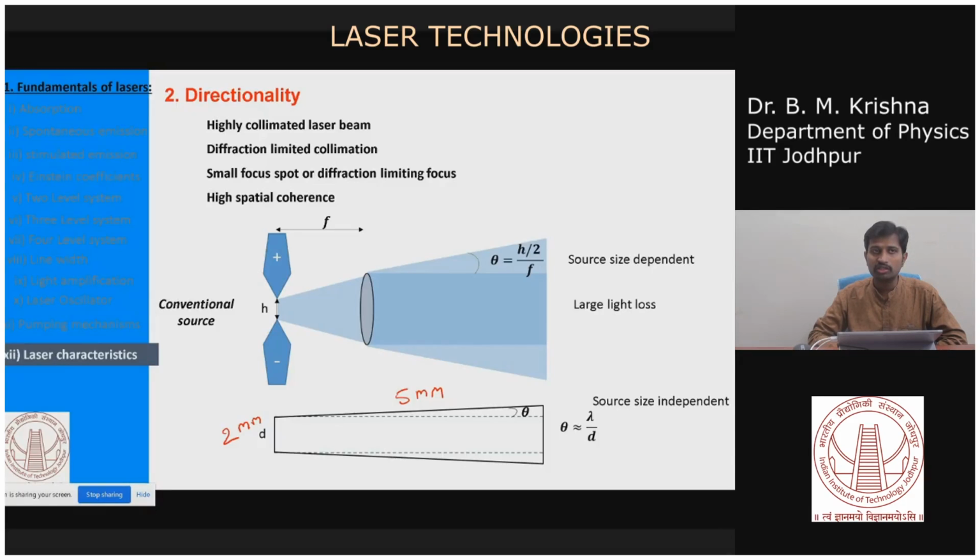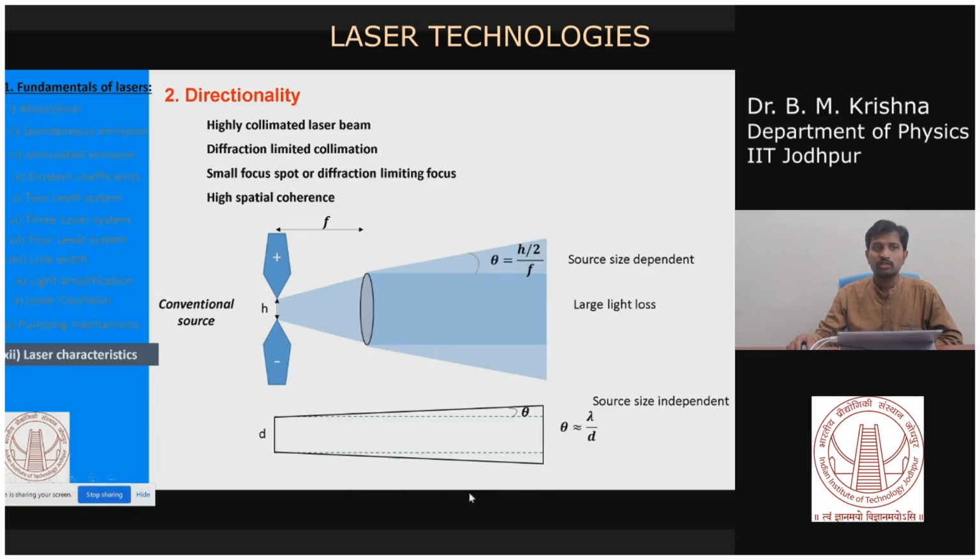It doesn't really depend on your source size, and theta is almost close to lambda by D. There are certain factors, like some constant, that come into the picture, but they don't influence much; depending upon the different beams, the constant factor changes.